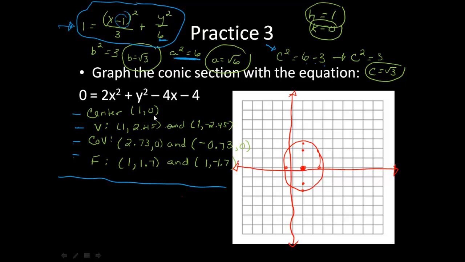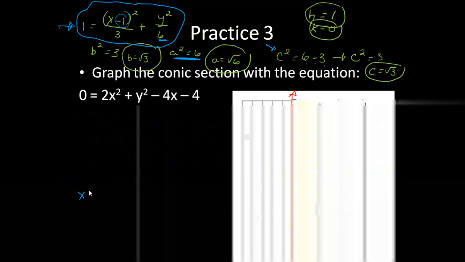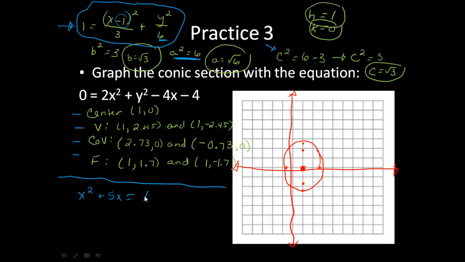Now with parabolas, to be in standard form, it's slightly different. We want our x's and our y's to be on opposite sides. So you would want to isolate that squared variable and complete the square only for the squared ones. So if we had like x squared plus 5x equals 10y plus 2, we would only complete the square for this side because it's the only one that has a square.